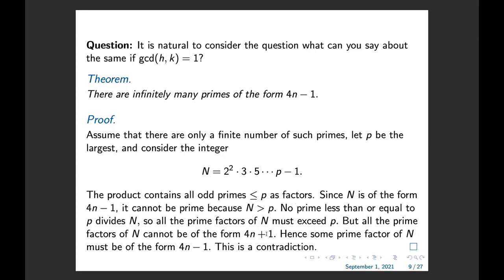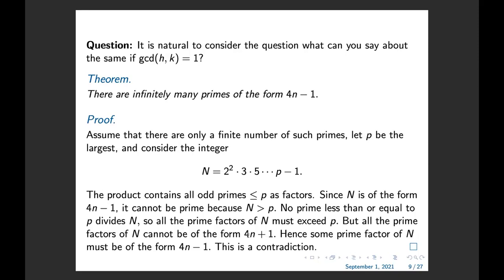Since q is a prime, it is either 4n plus 1 or 4n minus 1. The 4n minus 1 option we have to omit, because that prime factor q is greater than p. So we can say that the prime factor of n, which is q, is of the form 4n plus 1.